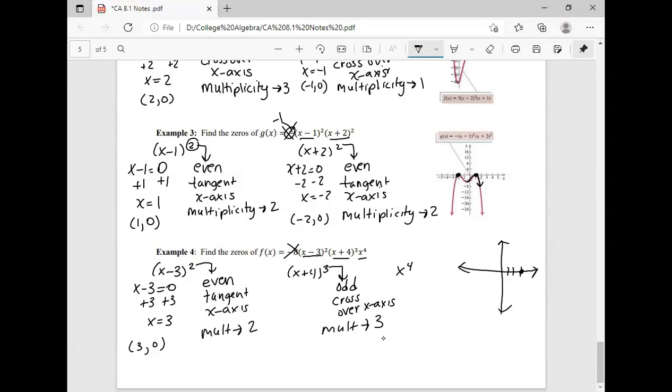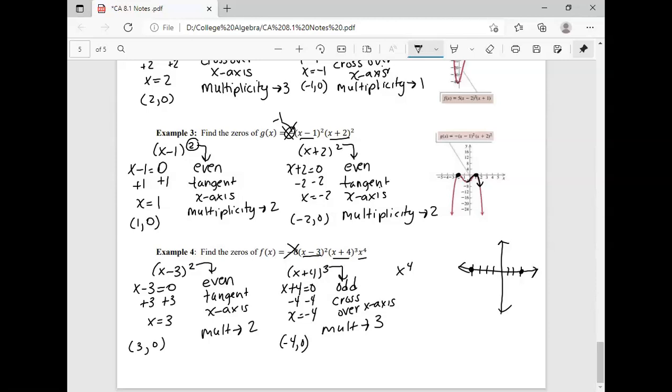We'd have x plus 4 times x plus 4 times x plus 4. When I solve this and get the actual point, we're going to get -4 here. And so we would have a point at -4, 0. Know that point is there.